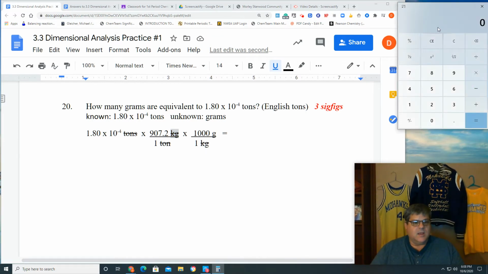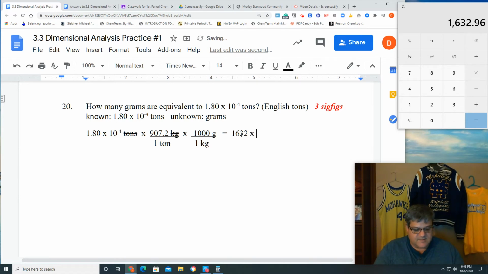So we're going to take 1.8 and multiply that by 0.2. Hit equals, and I end up with this number right here, which makes a little bit of sense. Okay, so I have 1,632.